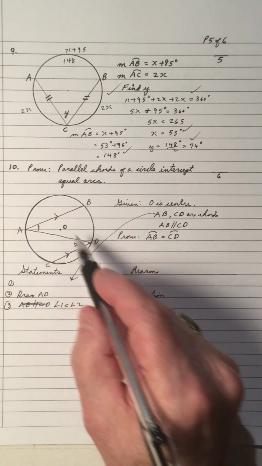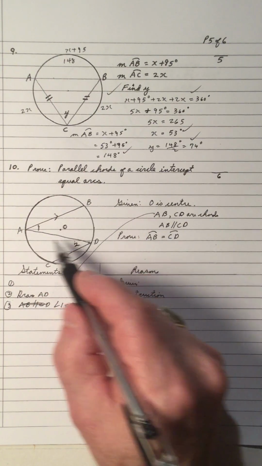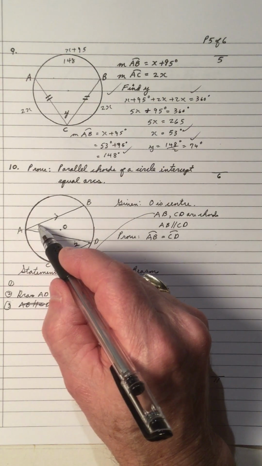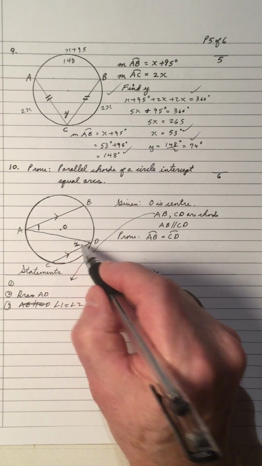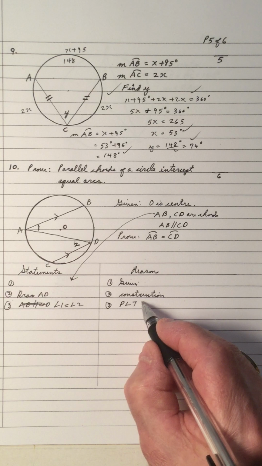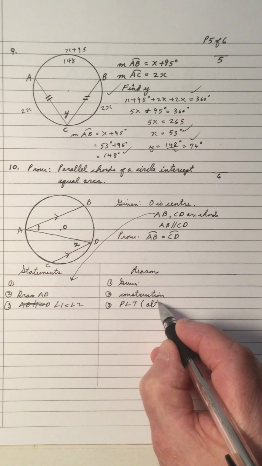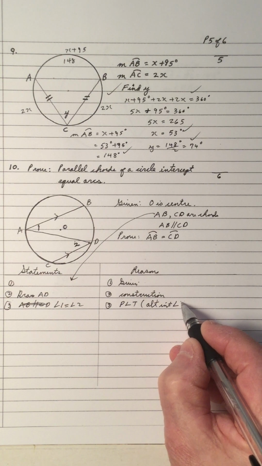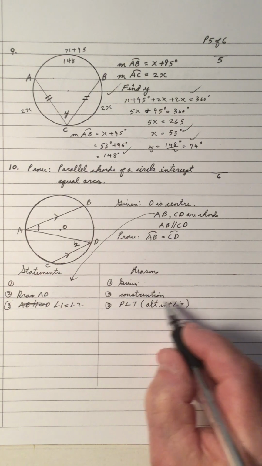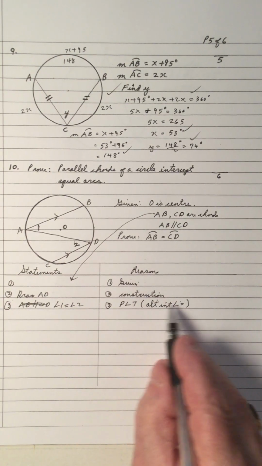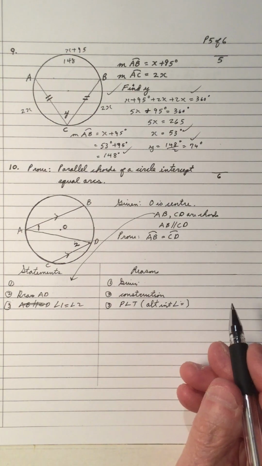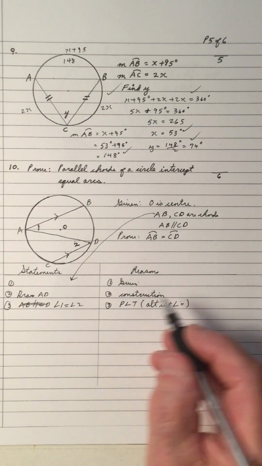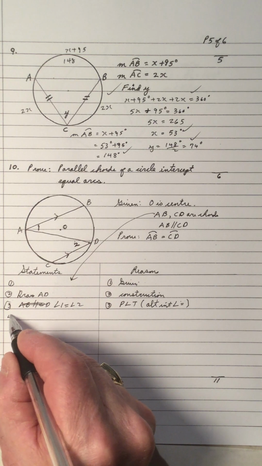PLT: if two parallel lines are cut by a transversal, the alternate interior angles are equal. I'll write down alternate interior angles are equal. It could be corresponding angles equal, could be other reasons.